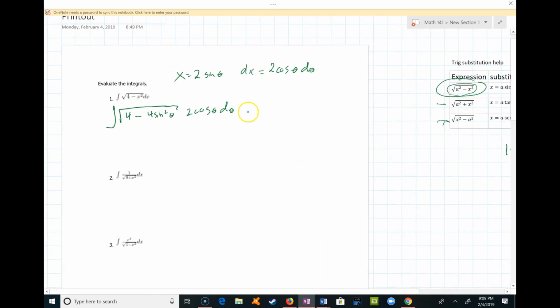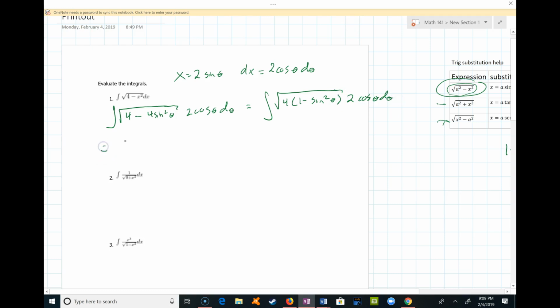So we can rewrite this integral and factor out the 4: the integral of the square root of 4 times 1 minus sine squared theta, times 2 cosine theta d theta.